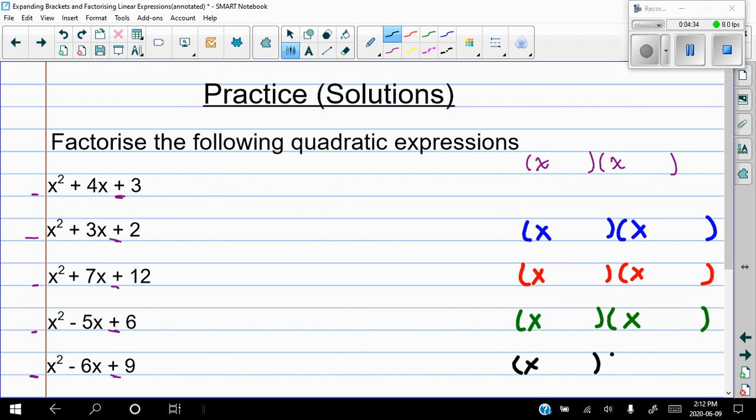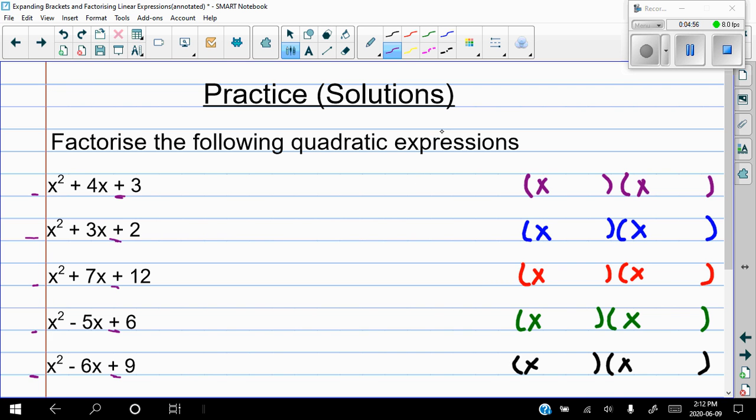Might as well save ourselves some time. And one other thing that I said we could do is write all of the signs in the middle right now if we really wanted to. So I think we might as well go right ahead and do that.